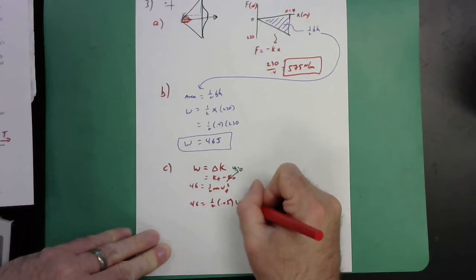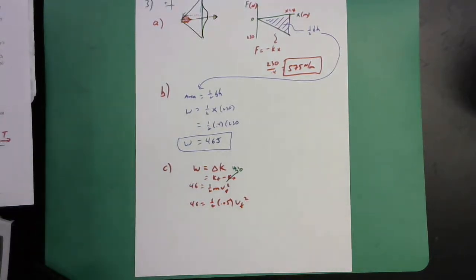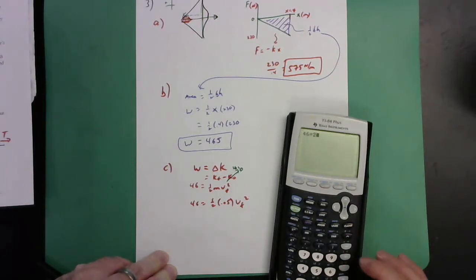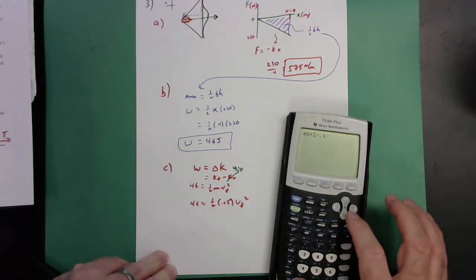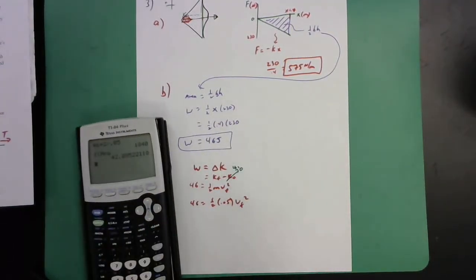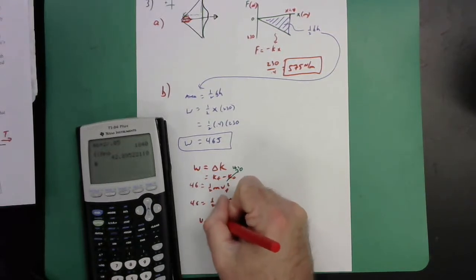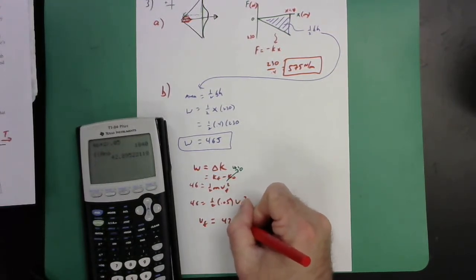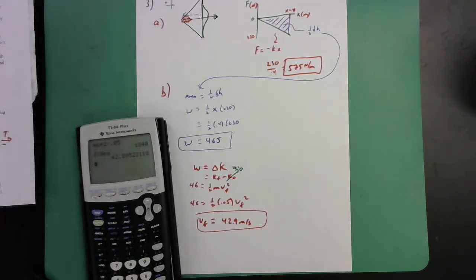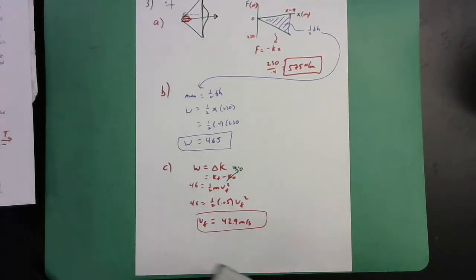So I can solve for that in my calculator: 46 times 2 divided by 0.05, and then take the square root of that. And that arrow will be going at a blistering final velocity of 42.9 meters per second. Okay, and that's problem 3. Told you it'd be faster than the other 2 problems.